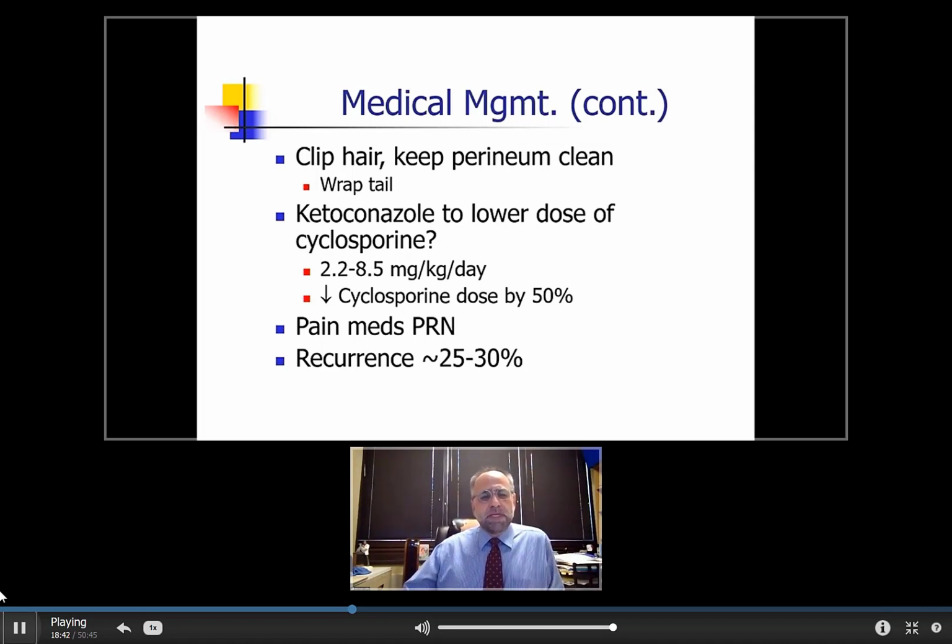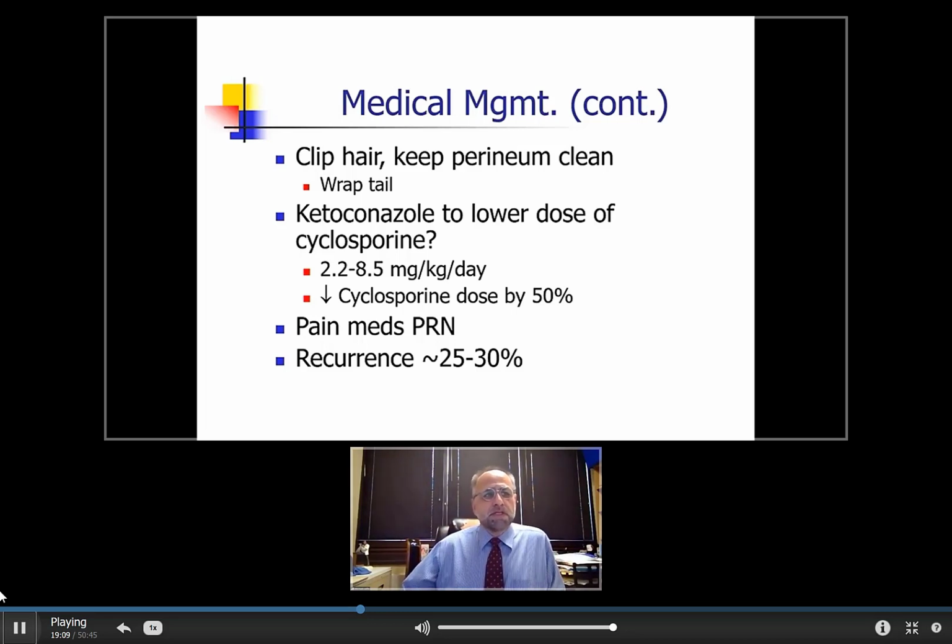So if we overwhelm that cytochrome P450 enzyme in the liver, it won't break cyclosporine down as quickly, and the blood levels will last a little bit longer in the body. So at that point, we can give them lower doses of the cyclosporine, and ketoconazole is generally safely handled by these patients. The dosage that you see here for ketoconazole is what's typically given.